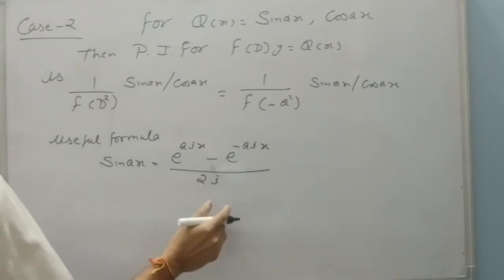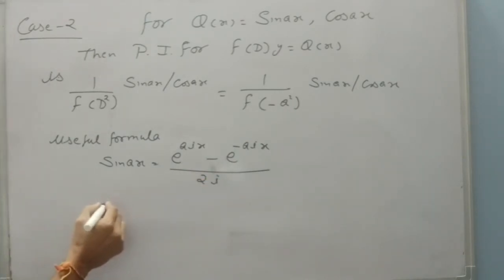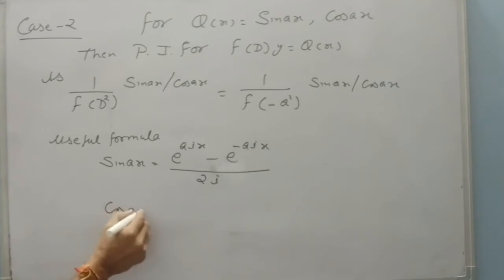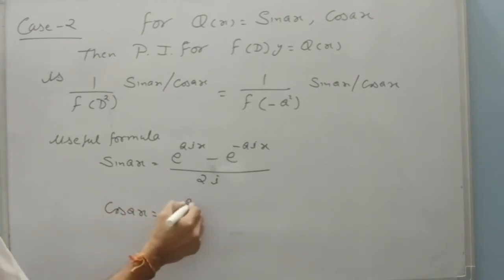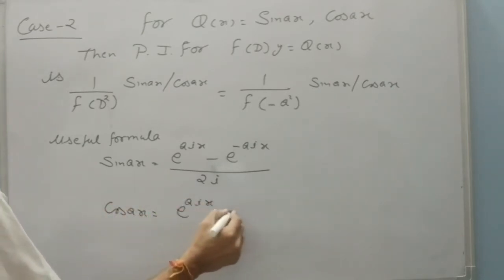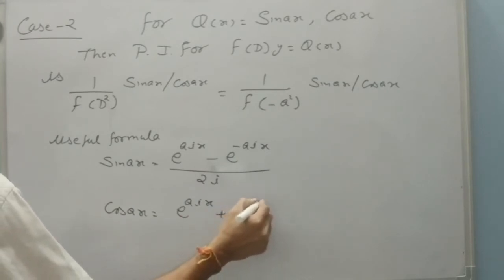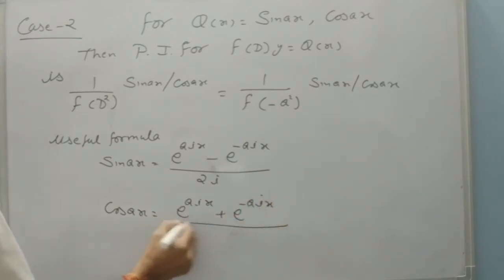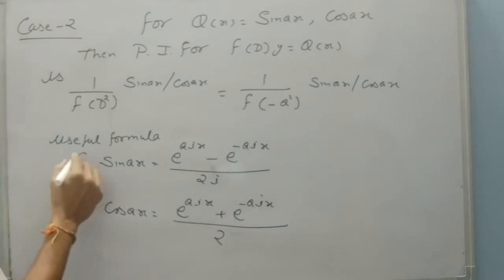And cos ax is e to the power a iota x plus e to the power minus a iota x upon 2. These two formulas are very useful in questions when Q(x) is a sine or cos function. Let us see how we can solve it.